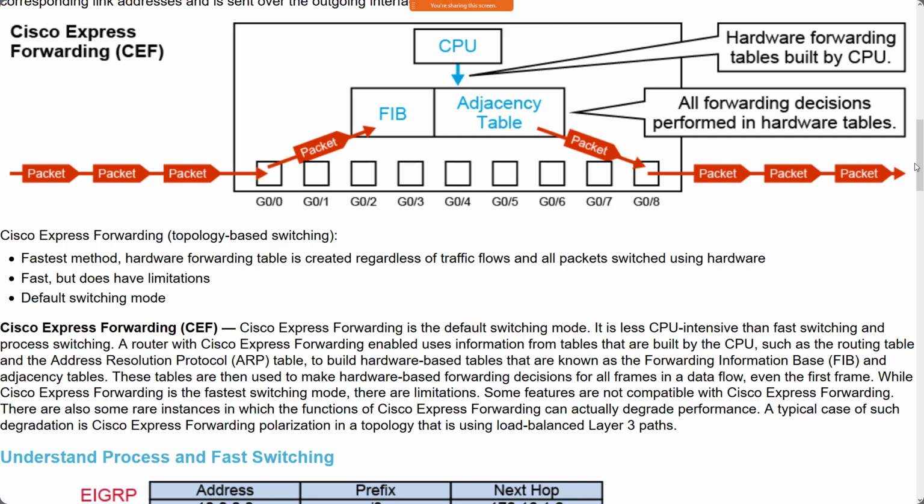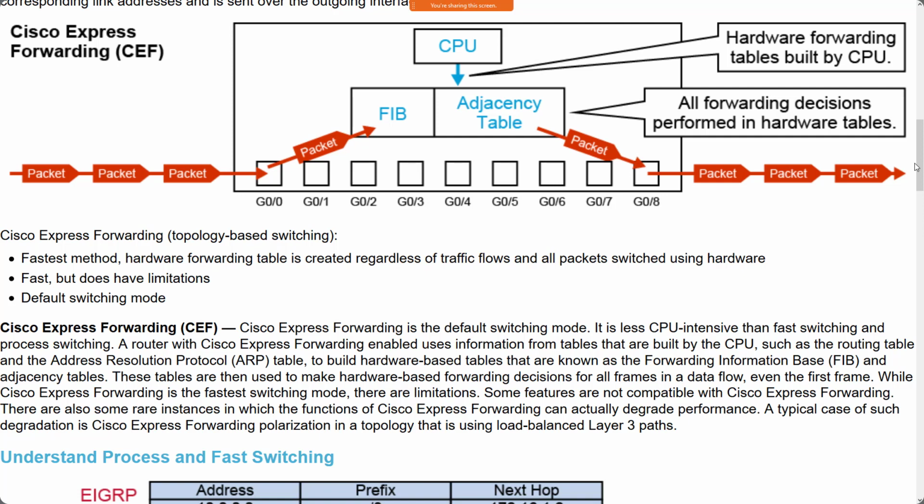All right. So this topology-based switching mechanism is certainly going to be the fastest because the hardware caches, the caches that are built in our ASICs, are going to be built regardless of traffic flows. But there are some limitations to this particular method. Especially when it comes to load balancing, Cisco Express Forwarding tends to break load balancing unless you have a large number of flows.